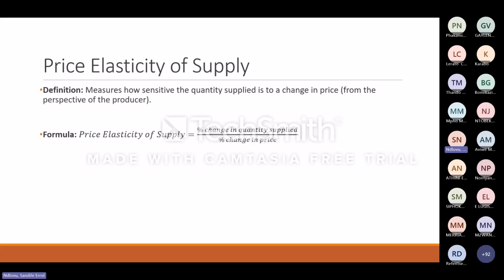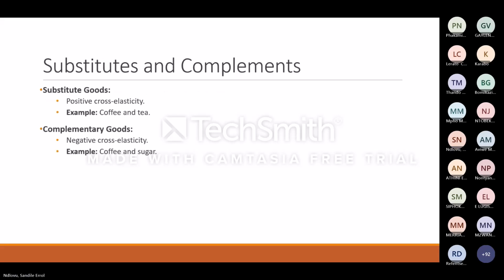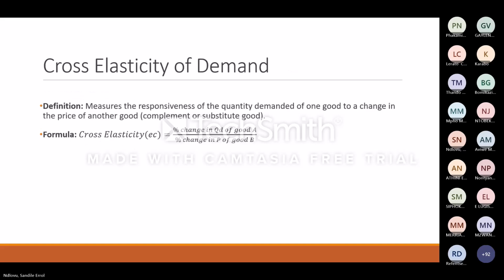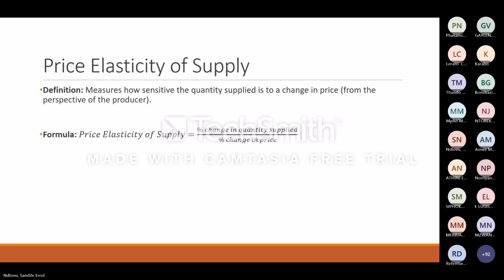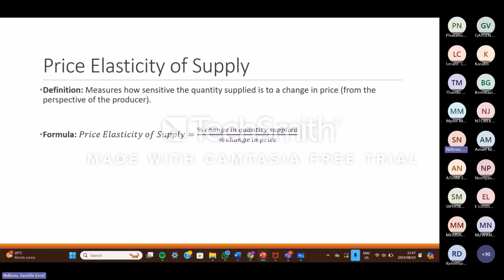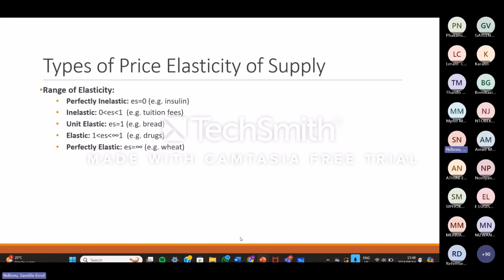All right, so that was your cross elasticity. And now we move on to price elasticity of supply. Before I move on to that part, let me just check if there are any questions. All right, so now let's talk about price elasticity of supply.